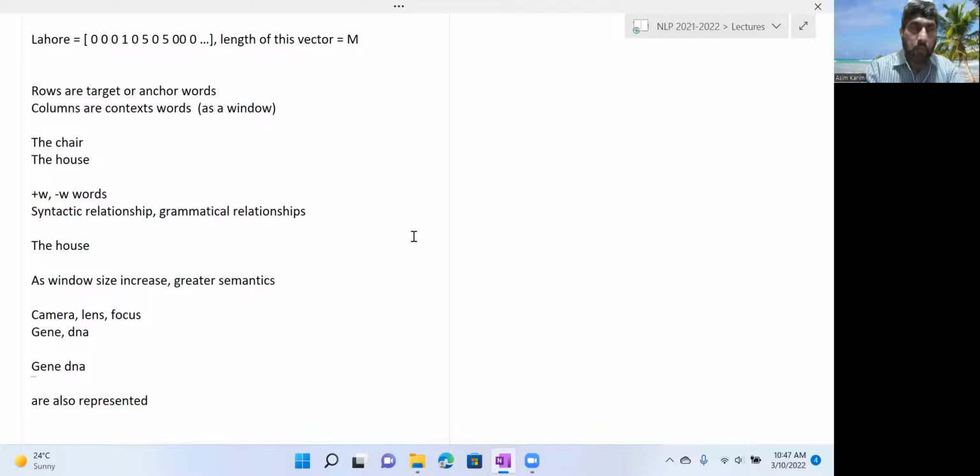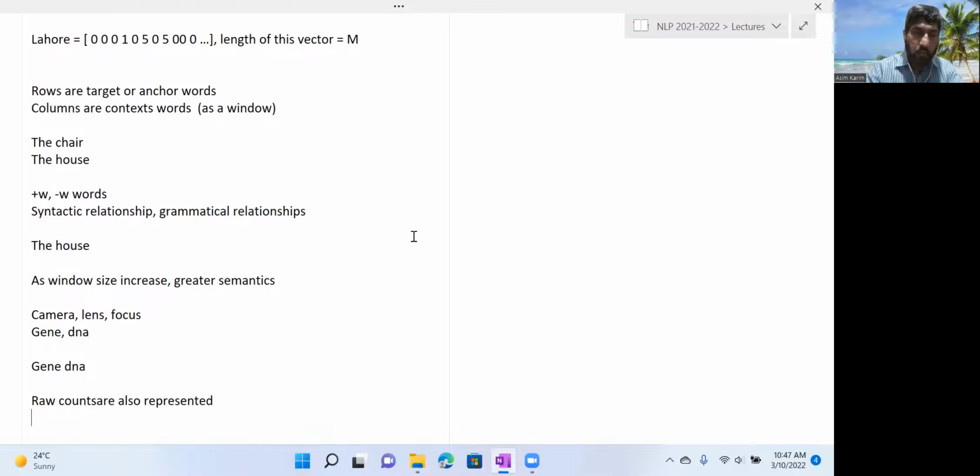Okay, so we were talking about the term matrix, and so far we have used the raw counts. As with the term-document matrix, here also raw counts are considered less discriminative or effective.